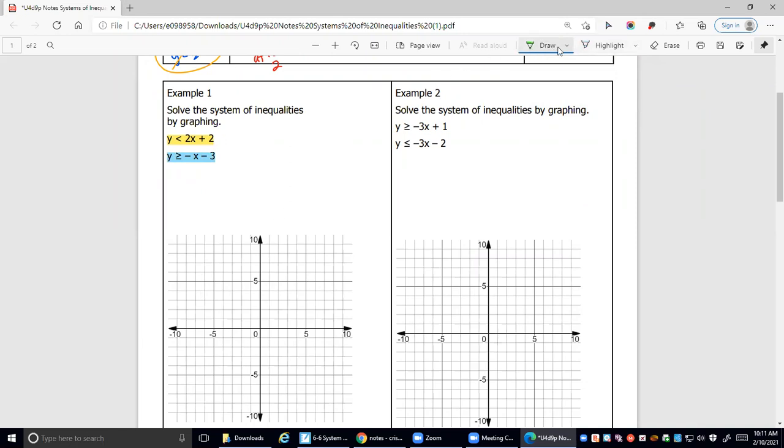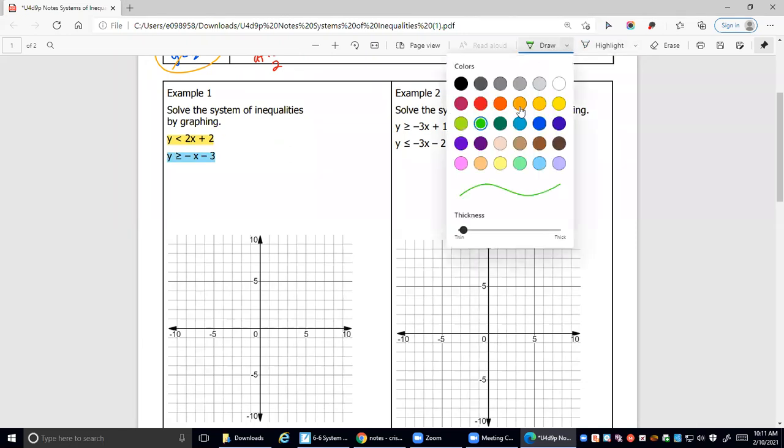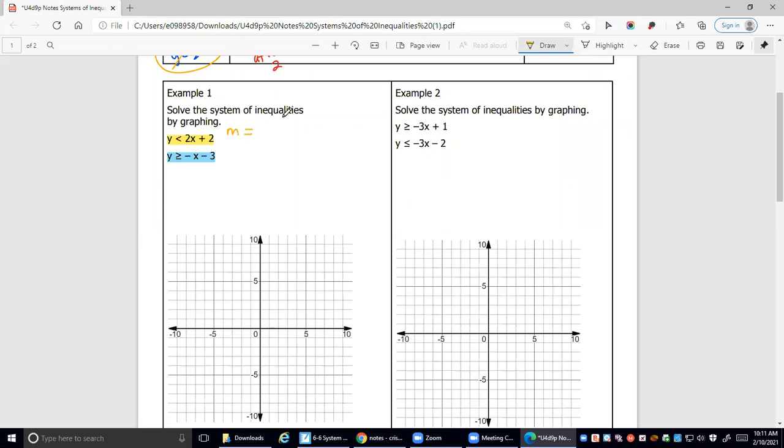So when we draw this, let's identify our M and our B. Is the color okay? Okay. So M is going to be 2 and B is going to be 2. Keep in mind that's M and this is B.